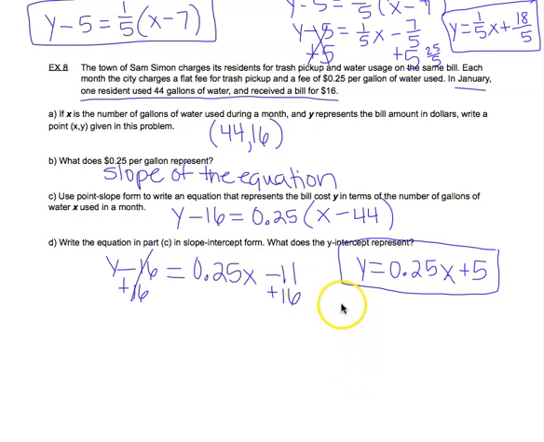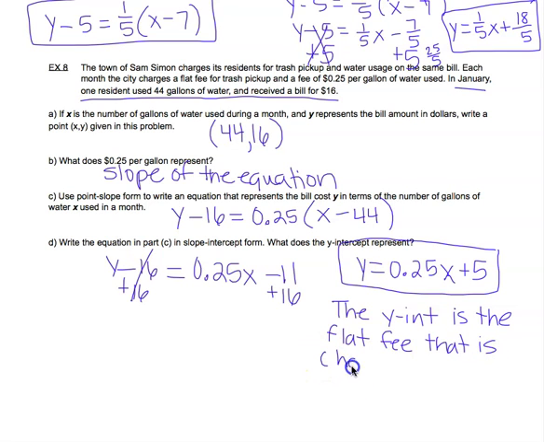So that means the y-intercept is the flat fee that is charged for trash pickup, which would be $5. So if it asked you, how much is trash pickup, we could give that answer.